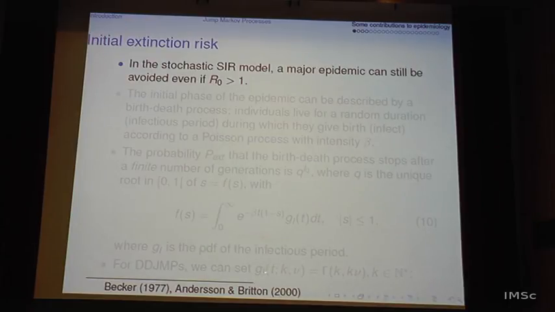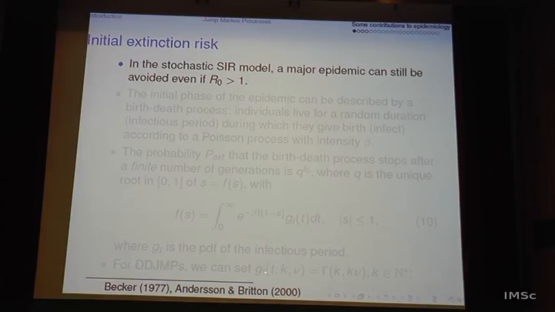Okay. So, the initial risk of extinction. We saw before that when you have a deterministic model, the first thing you want to look at is the reproduction number, the basic reproduction number. Usually you derive this as a function of the parameters of your model, and you know that you have an epidemic if R0 is greater than 1.